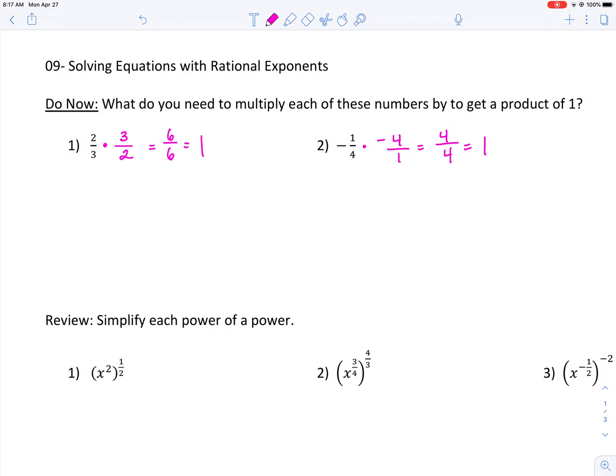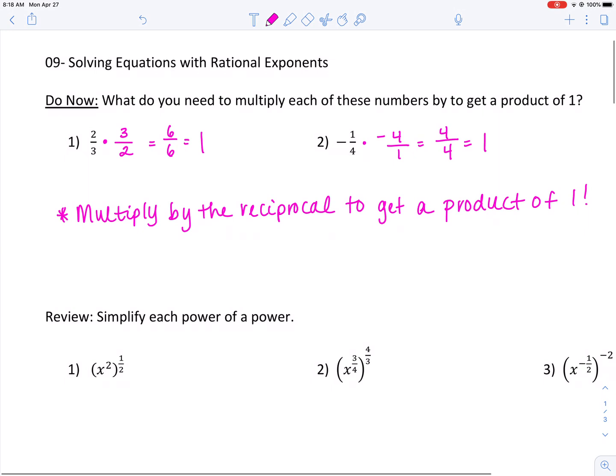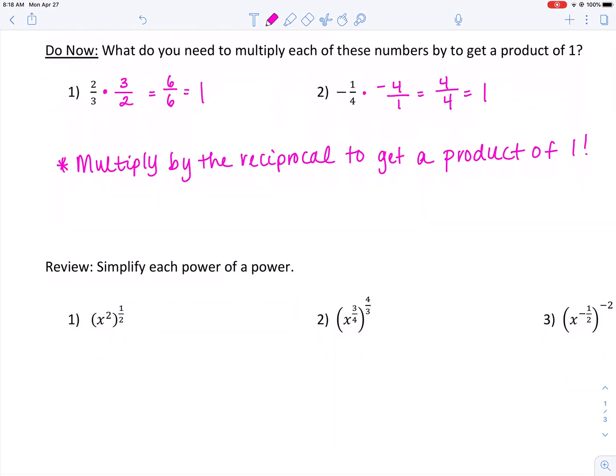Okay, so make a little note for yourself: you are going to multiply by the reciprocal to get a product of 1.